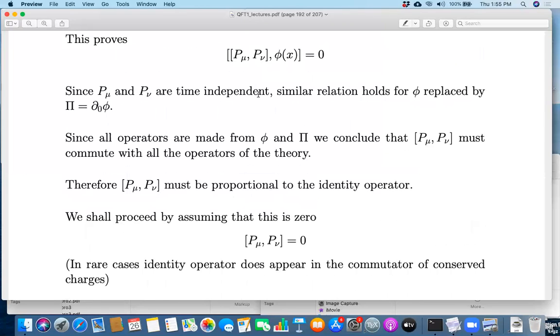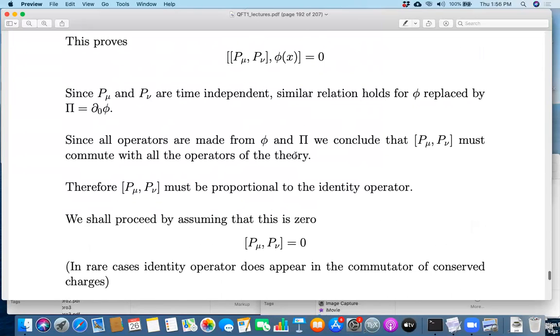Sir, p mu and p nu are the two different conserved charges for different particles? Not different particles, right? These are the two different conserved charges in the theory. It's not that we are assigning different conserved charges to different particles, because we don't even have a notion of particles yet. So what p nu measures is the conserved charge of some state.